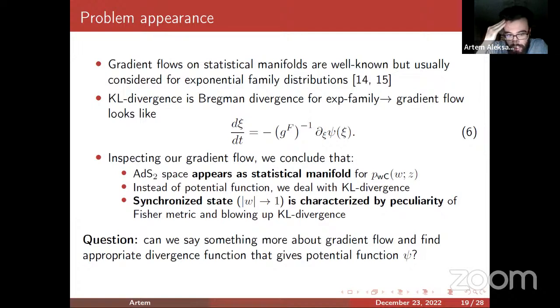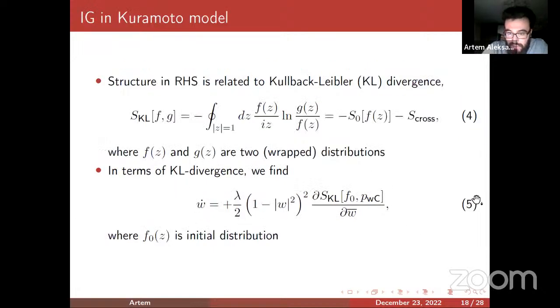And there is an open question. Can we say something more about this gradient flow? And can we find an appropriate divergence function that gives the potential function psi? So the problem is the following. We see that this equation corresponds to a gradient flow on a statistical manifold, but instead of the derivative of some potential function, we have the derivative of the Kullback-Leibler divergence, and in some sense it is a problem.